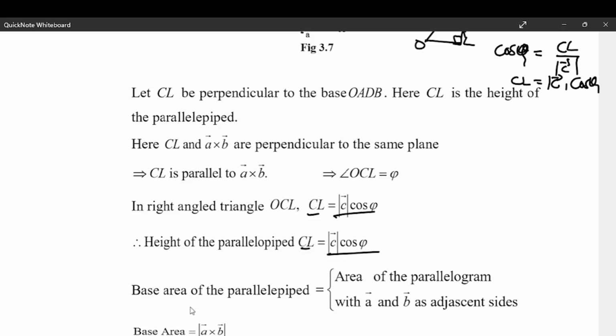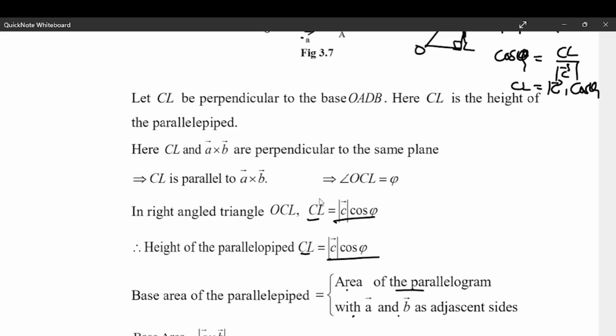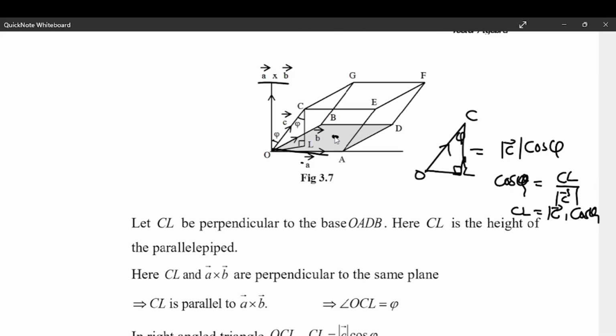And for that matter, you can see that the base area of the parallelepiped is equal to the area of the parallelogram, with A and B being the adjacent sides. So the base area of the parallelepiped, now let's check, this is the base area here.